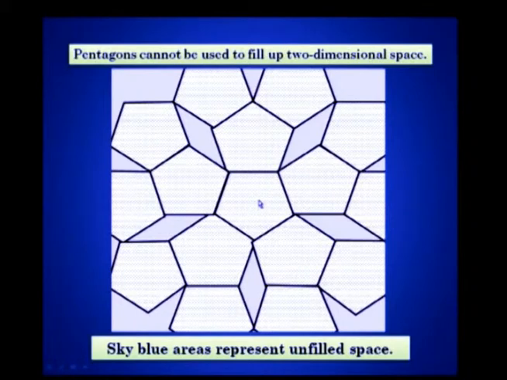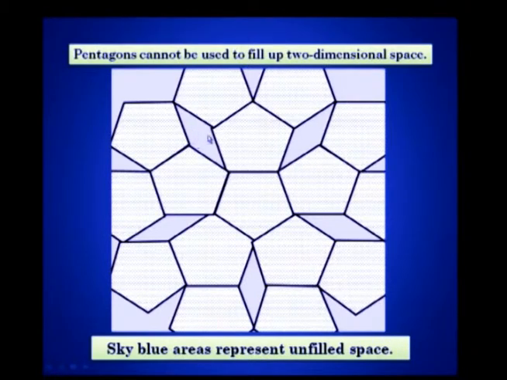By stacking pentagons side by side, when you try to stack pentagons side by side, what you find is that there are empty spaces left. Okay? The sky blue areas represent unfilled space, right?